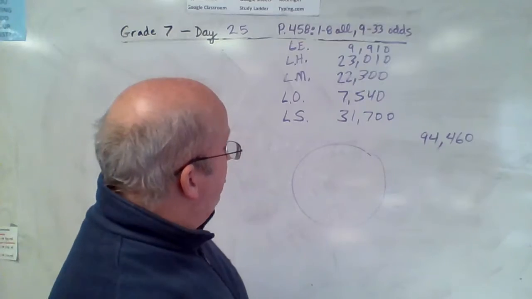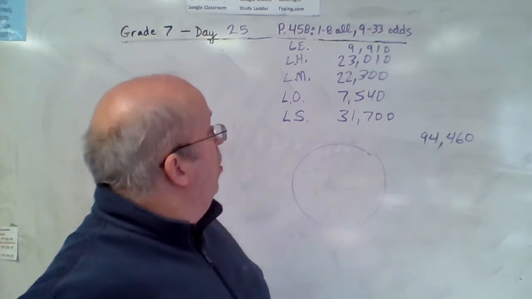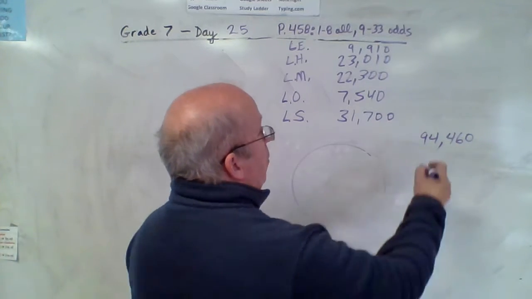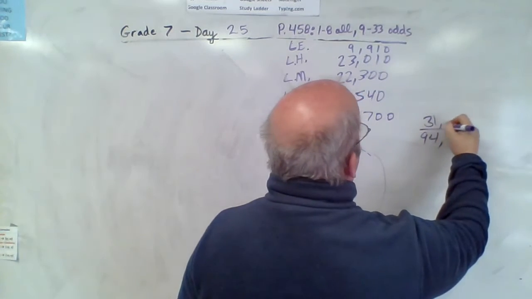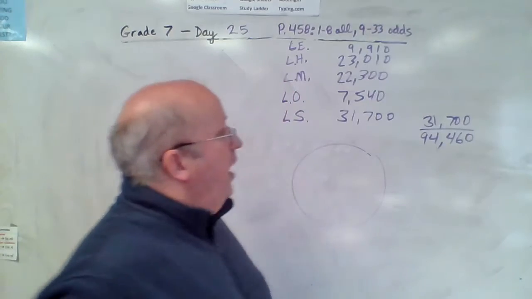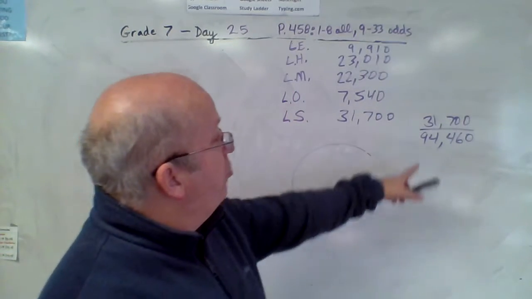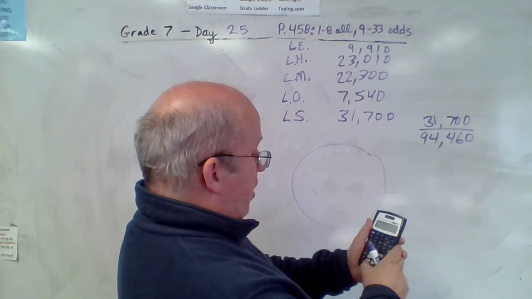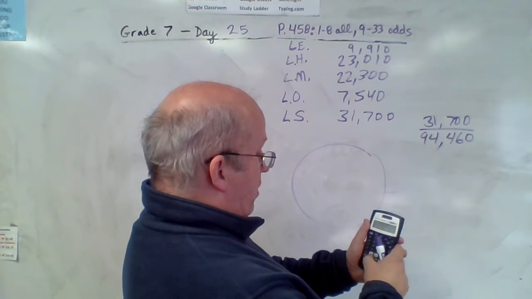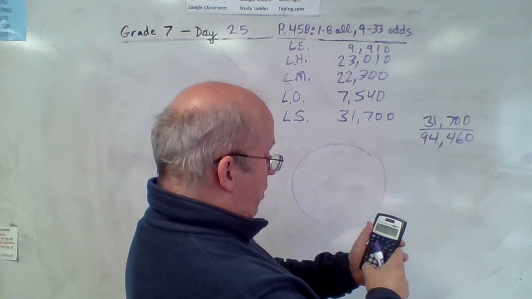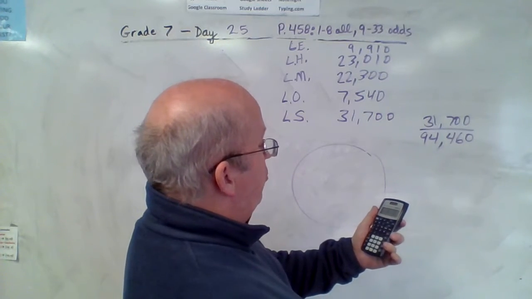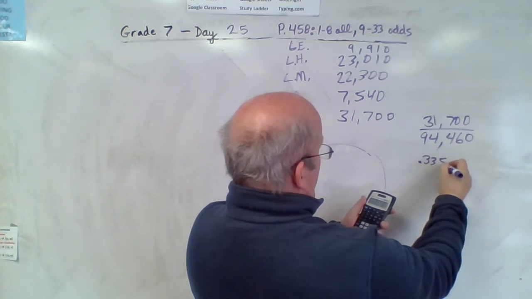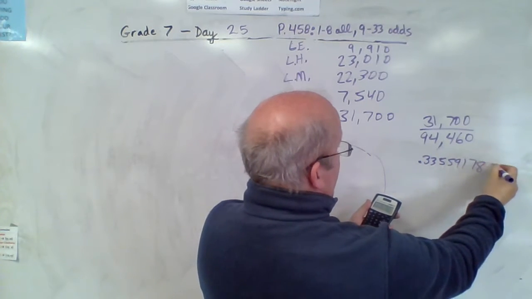Now let's say somebody said, how big of a pie piece would Lake Superior be in that particular case? Well, what I would do is take Lake Superior's area and divide it by the total area. So we would have 31,700 divided by 94,460. And we're looking for a decimal number. In this case, it's 0.335591785.